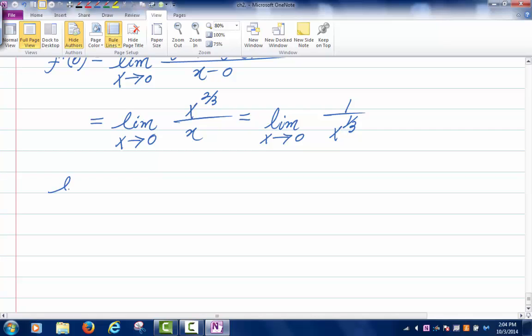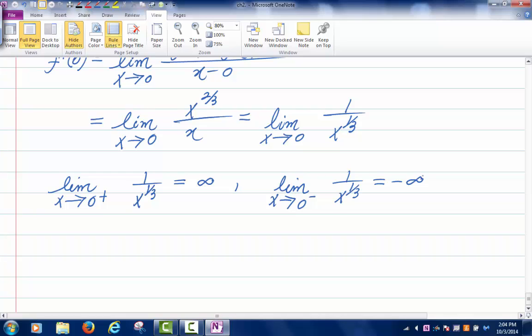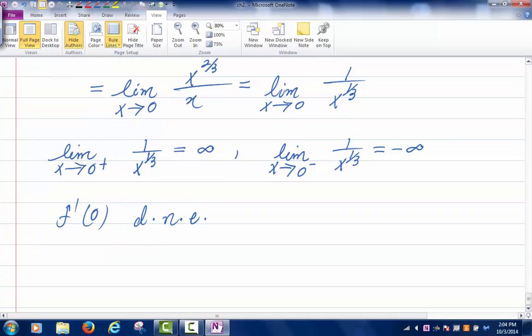So the limit as x goes to 0 from the right would be positive infinity, and the limit from the left would be negative infinity. Either way, the limit doesn't exist, so f prime of 0 does not exist as a number. Since the limit doesn't exist, the derivative doesn't exist.